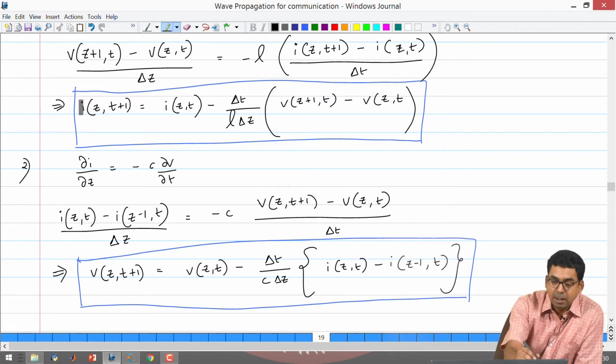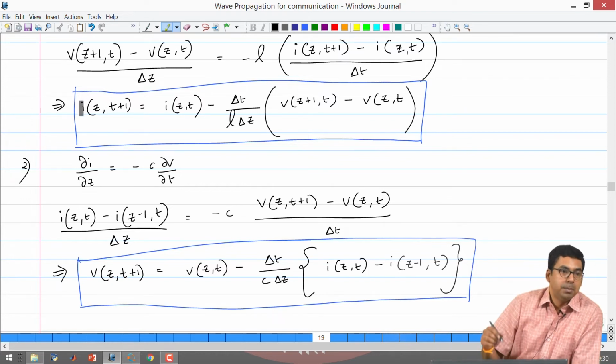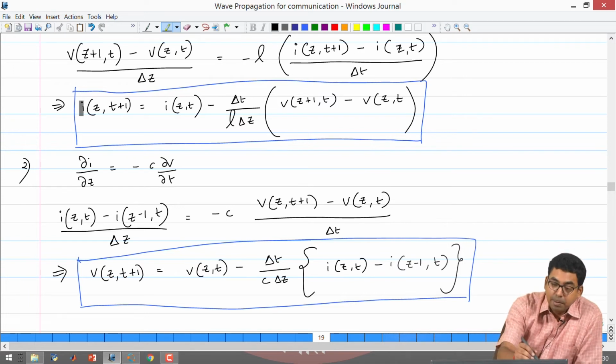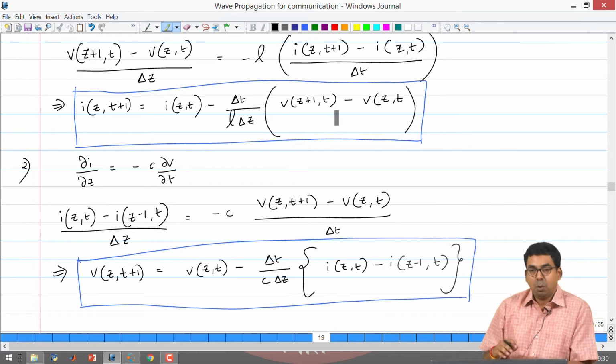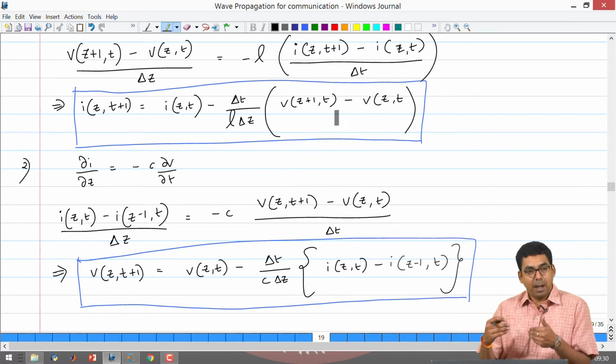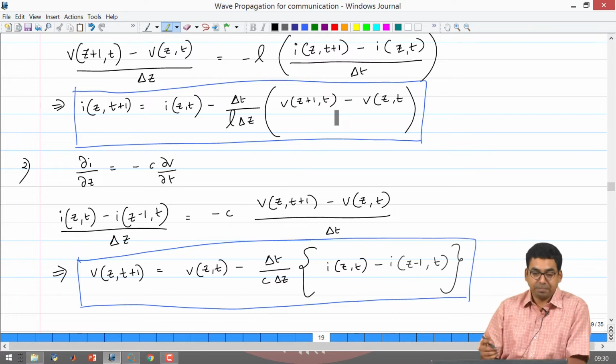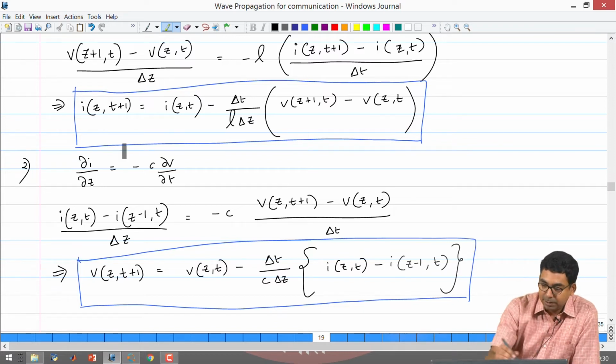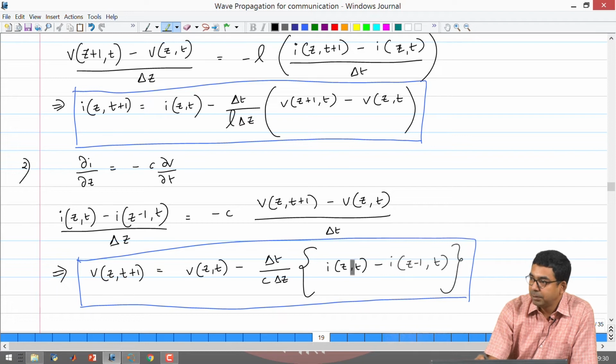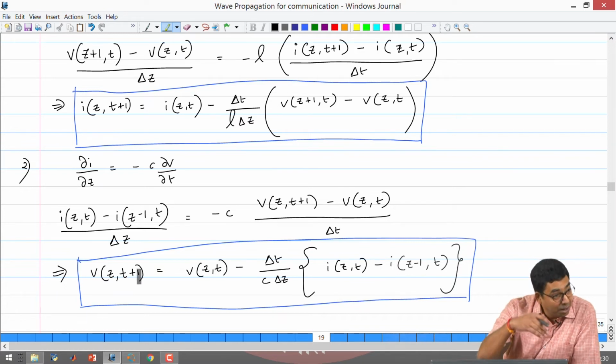Let us say that I have some boundary conditions or source conditions given. At a given position, I will be calculating the value of current at the next instant of time. Once I calculate the current at the next instant of time, that current has to be used here in the bottom equation to calculate the voltage at the next instant of time.